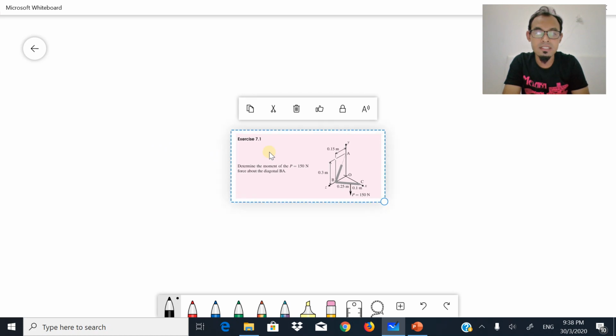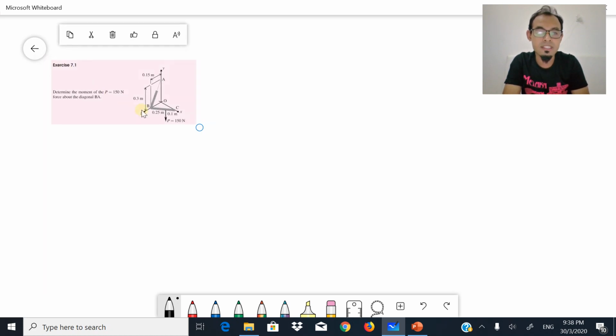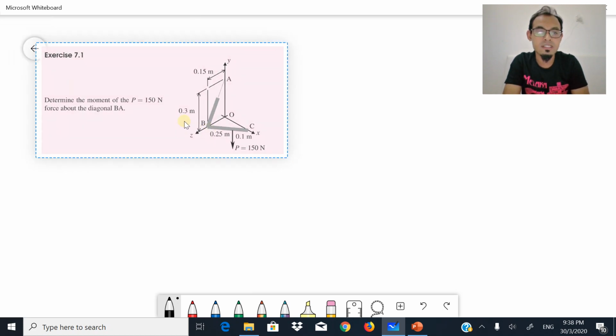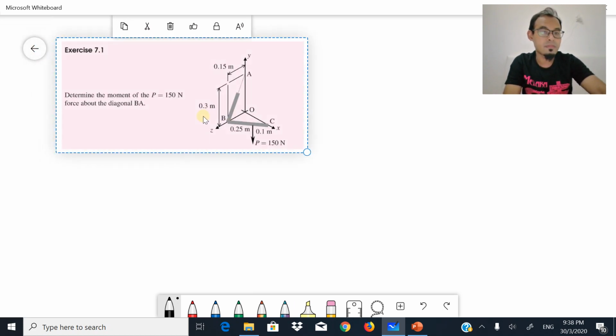Look at this example. Let's discuss together how to solve this kind of exercise. Look at exercise 7.1. You can also refer to the book, Static Mathematics Simple, exercise 7.1.